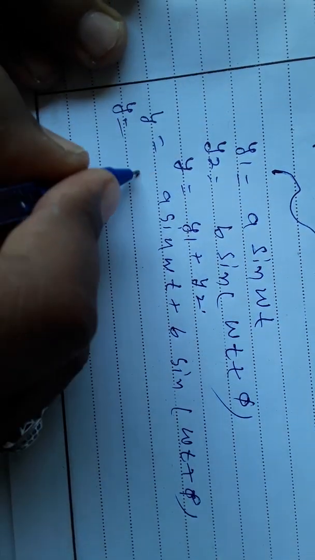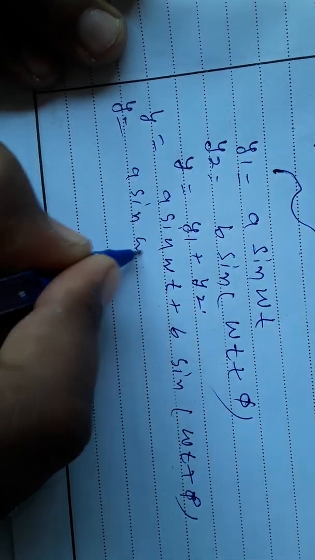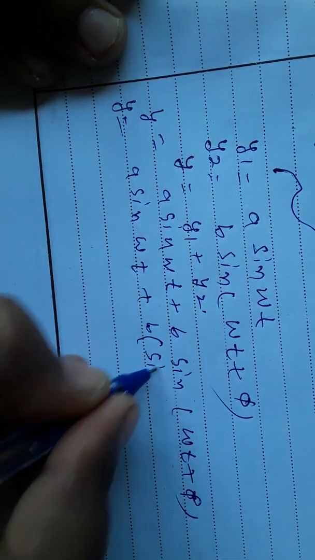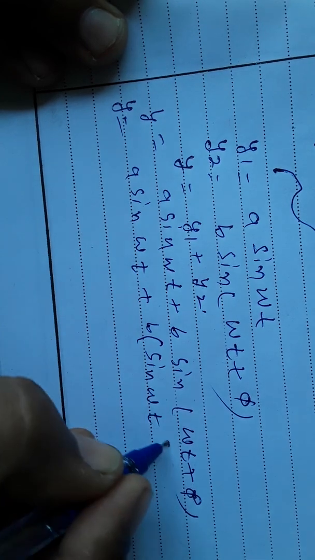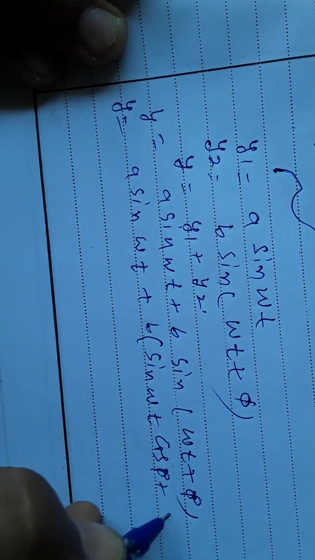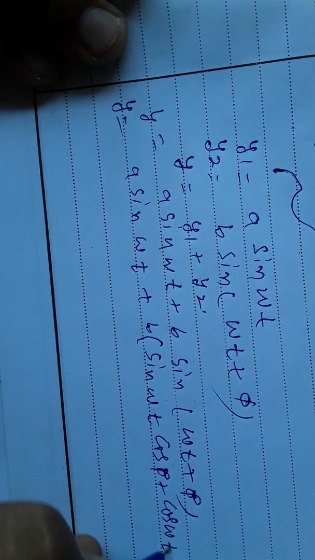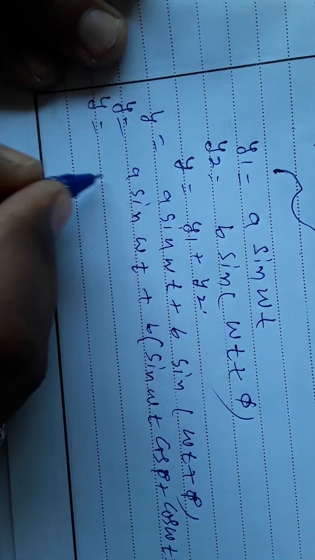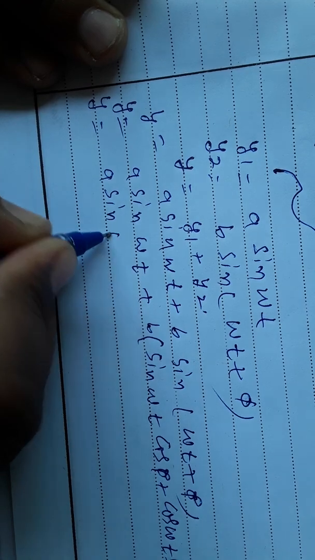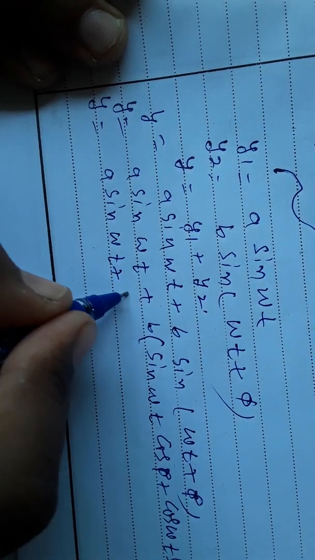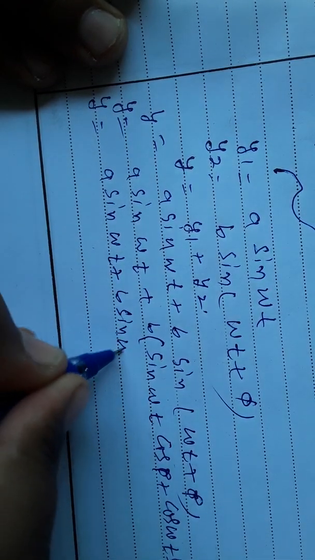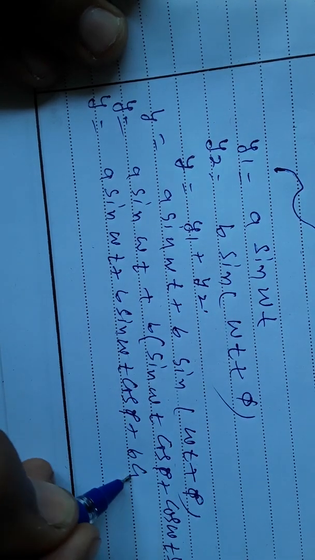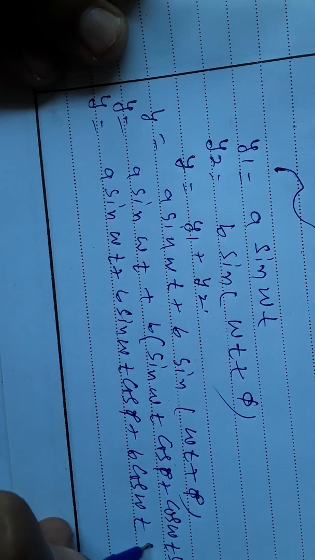We can write y is equal to a sin omega t plus b sin (A plus B). Using sin(A plus B) equal to sin A cos B plus cos A sin B, we can write a sin omega t plus b sin omega t cos phi plus b cos omega t sin phi.